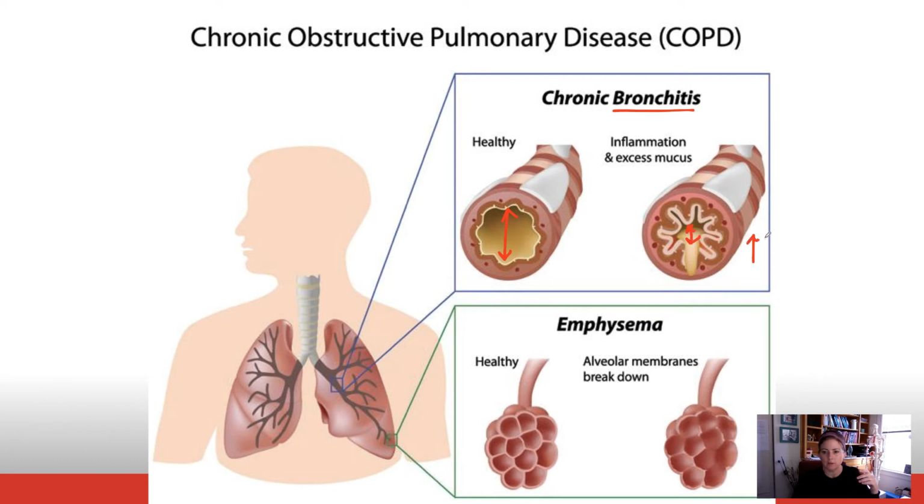What just happened to our resistance? Resistance went up. What happened to our airflow? Airflow is going to decrease, and we have a more difficult time getting air in and out. So the thing that's interesting about obstructive pulmonary disease is that we tend to not be able to get all the air out before we need to take the next breath in.